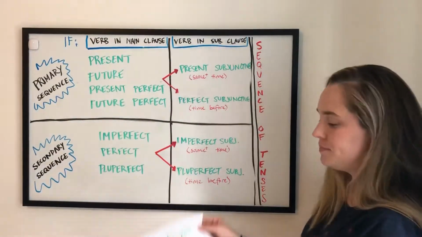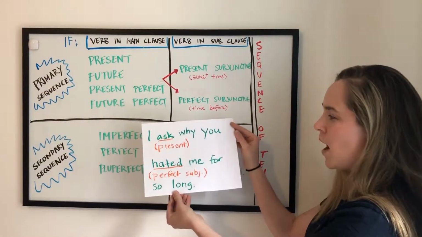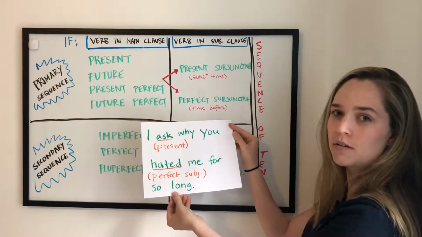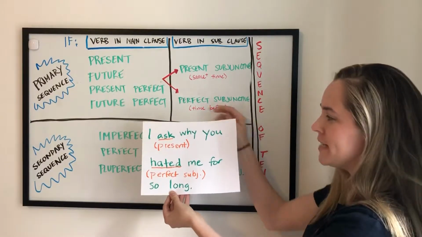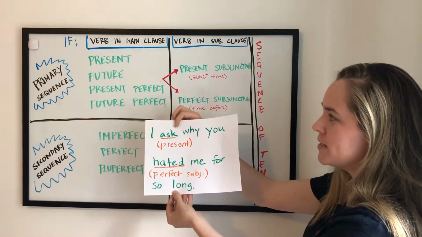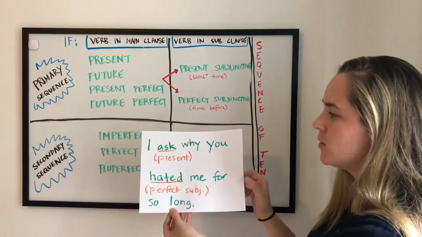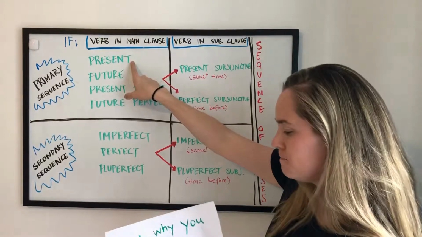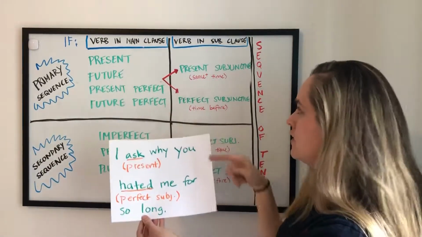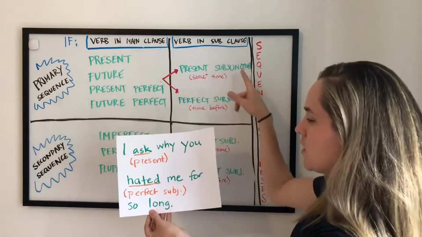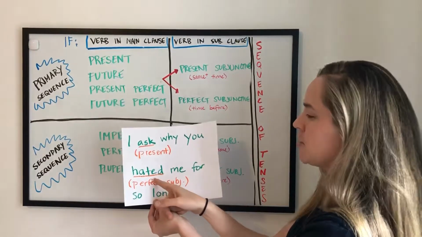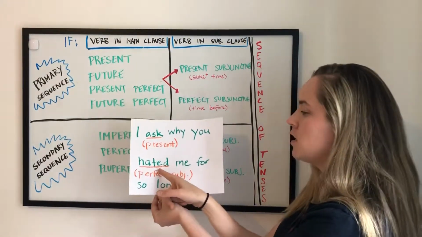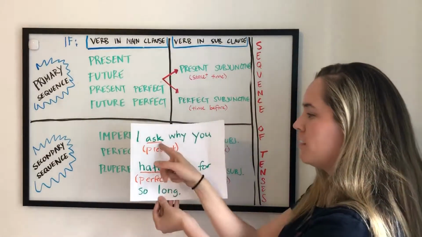New scenario. I ask why you hated me for so long. Our main verb is "ask." So is that primary sequence or secondary sequence? The verb "ask" is present tense. Now we go to our subordinate clause and we ask, is this verb expressing same time plus or time before the main verb?